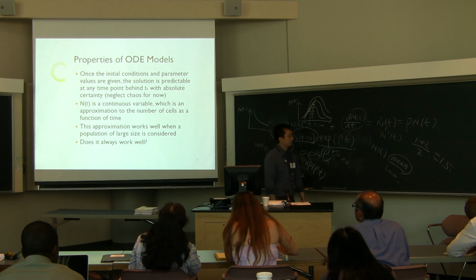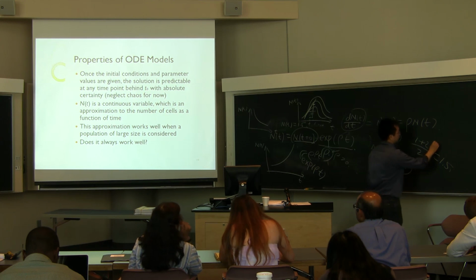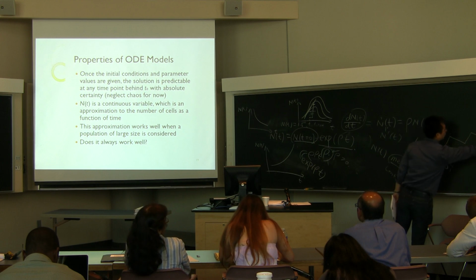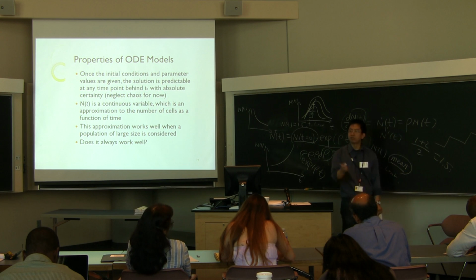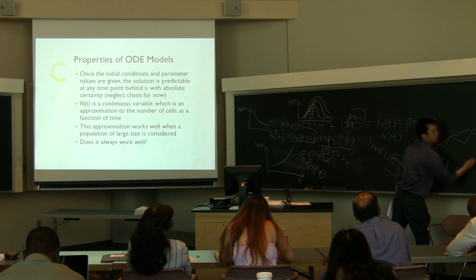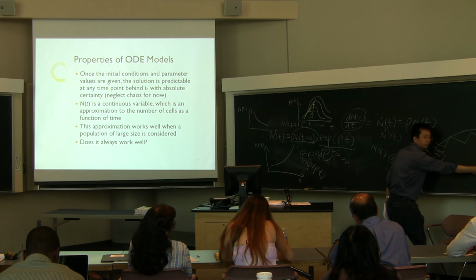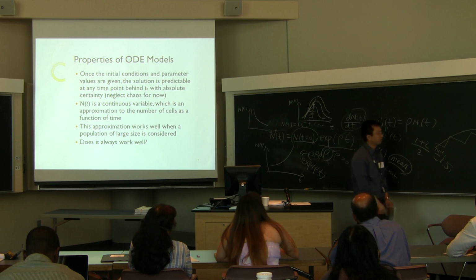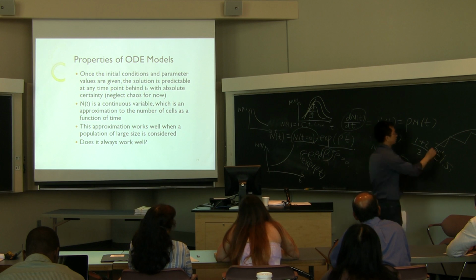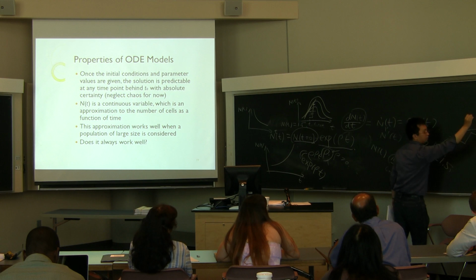Then you will produce curves with discrete jumps instead of a continuous curve. If you use N(t), what you get is a continuous smooth curve, and if you use a stochastic model, you can model integers, but the results will be stepwise.